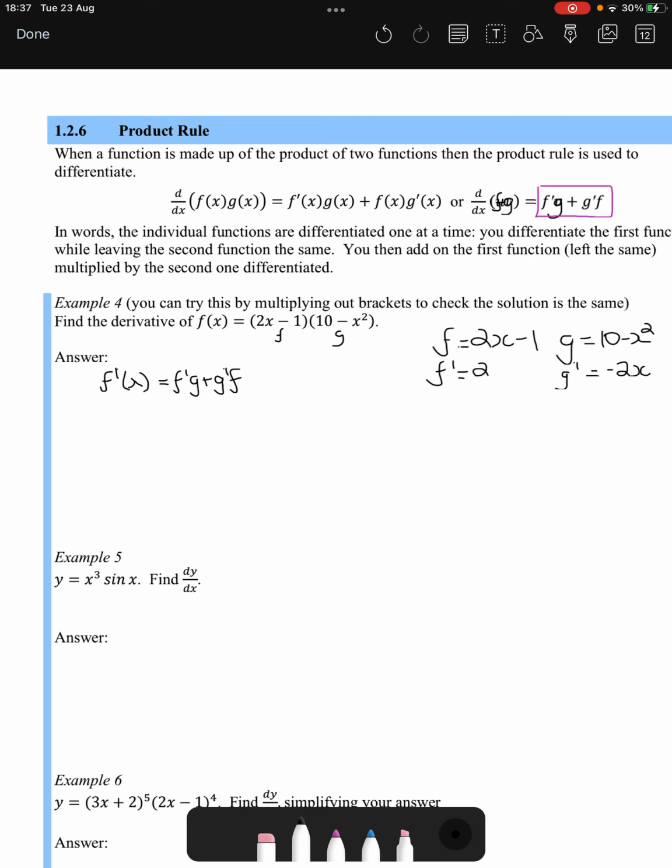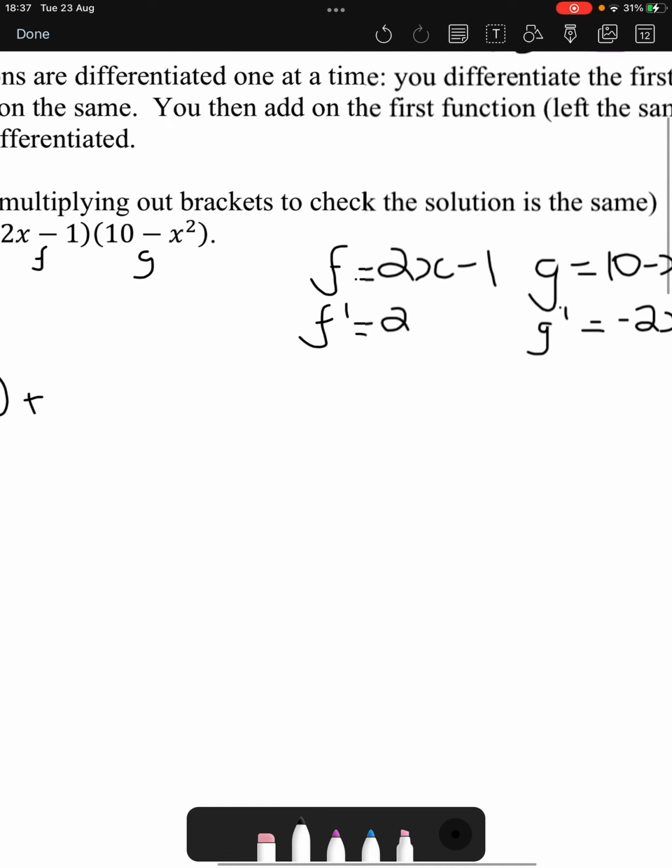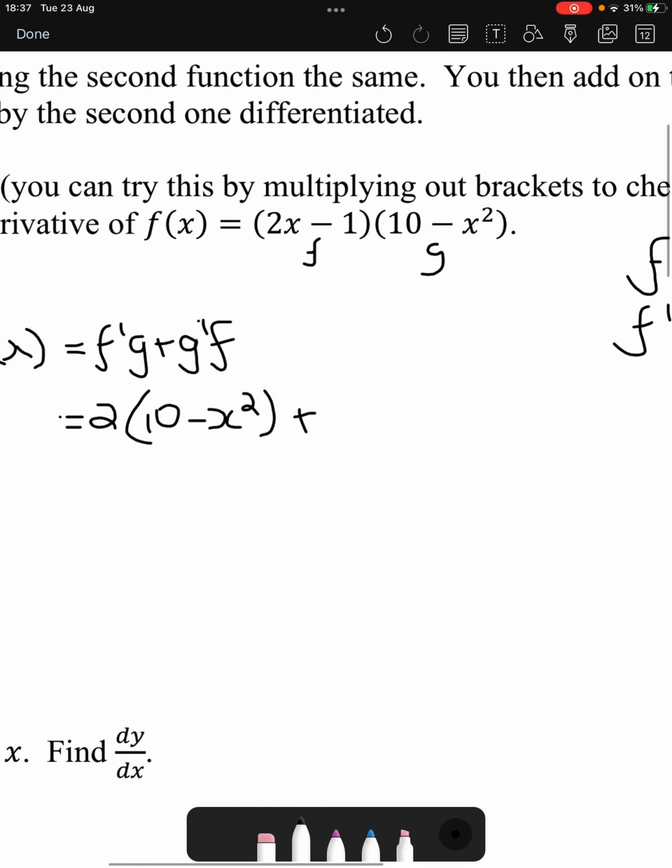So, f dashed was 2 times by g, which was 10 minus x squared, plus g dashed, which is minus 2x, times by f, which was 2x minus 1.